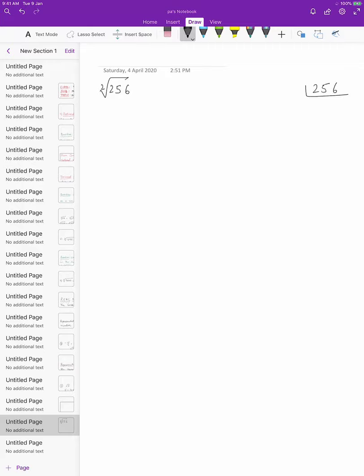First of all, we find the prime factorization of this number. 256 gives us how many times 2? You can count 1, 2, 3, 4, 5, 6, 7, 8.